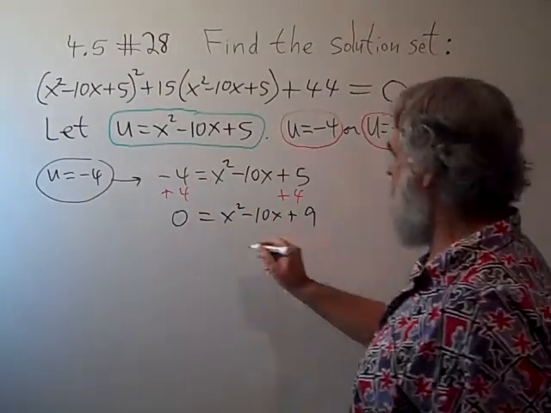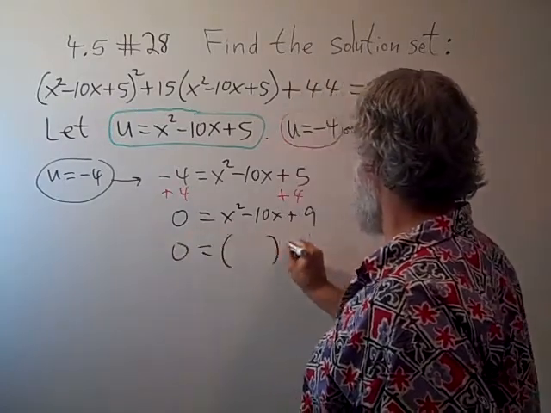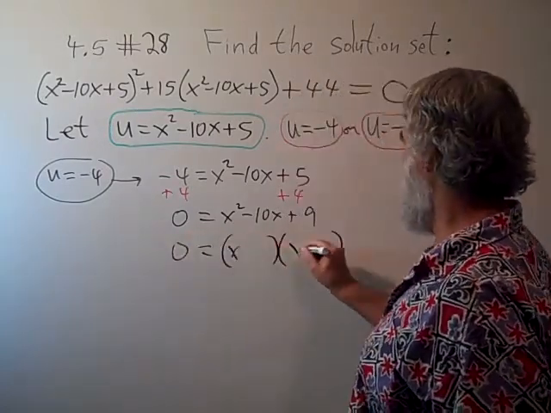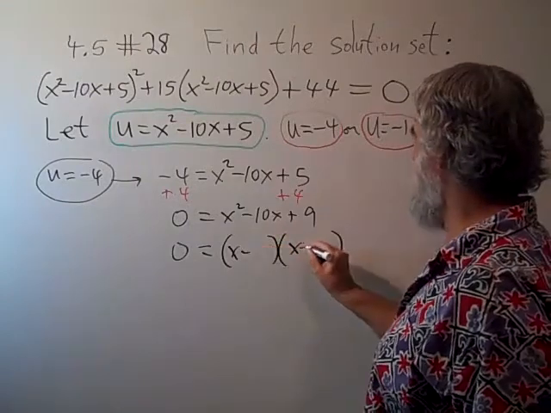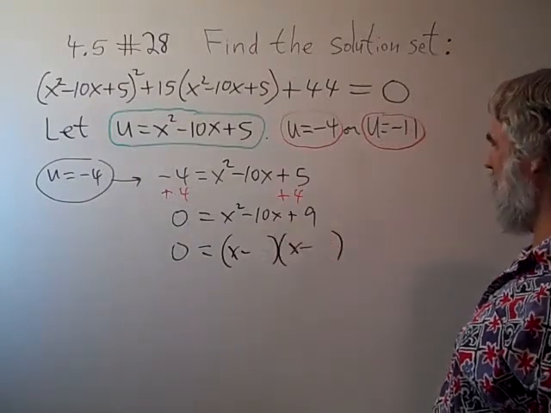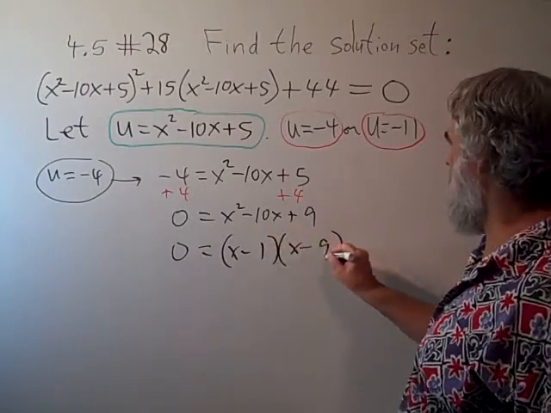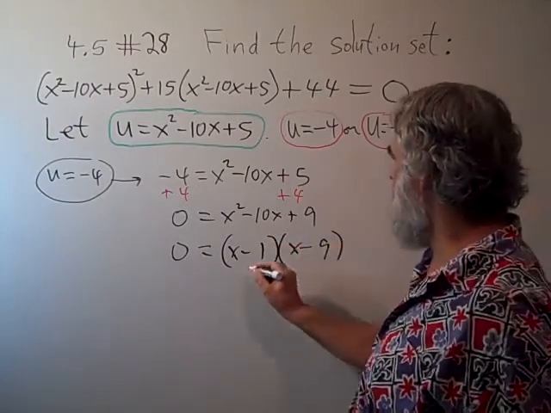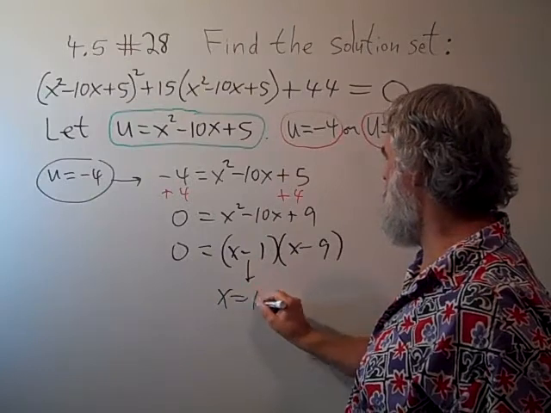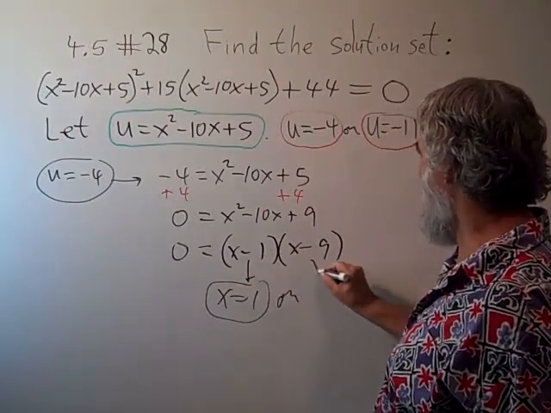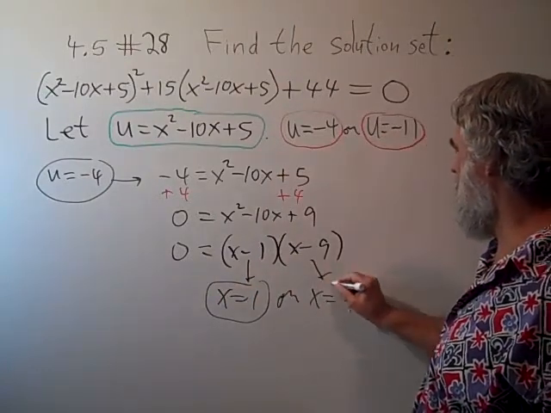Aha! That means that 0 is equal to, factoring this, x times x, minus times a minus to get a plus on the end and have a negative in the middle. The product is 9 and they add up to 10, so it must be 1 and 9. So from this we get that x is equal to 1 or x is equal to 9.